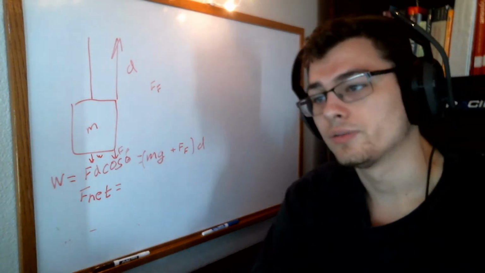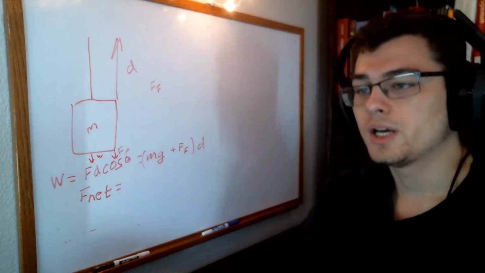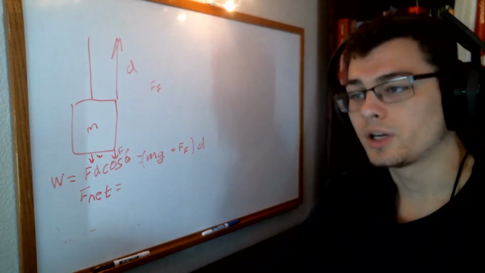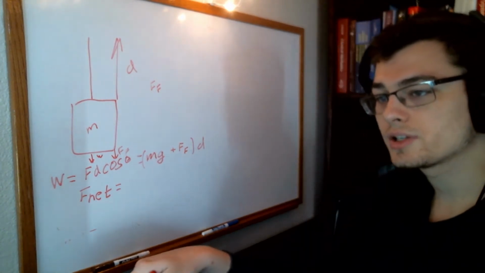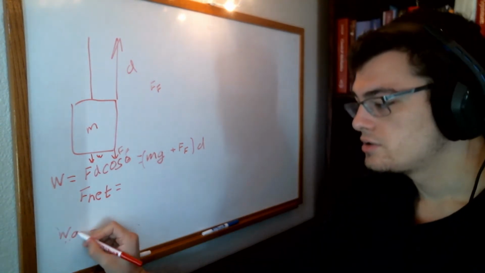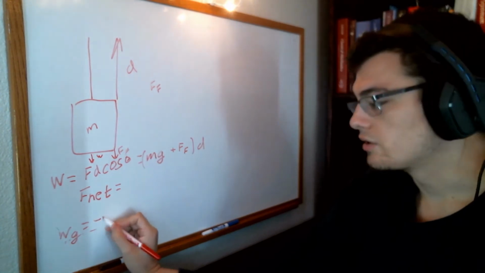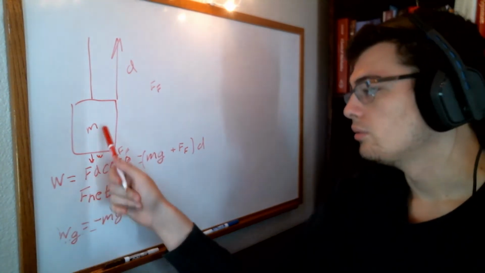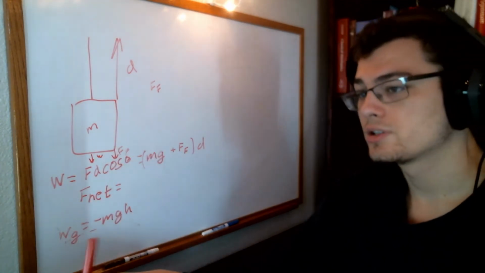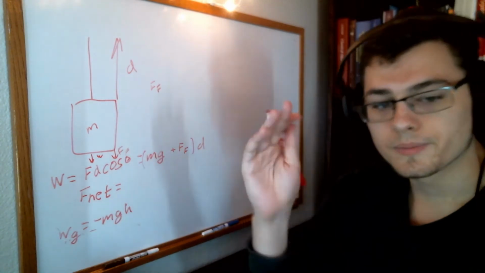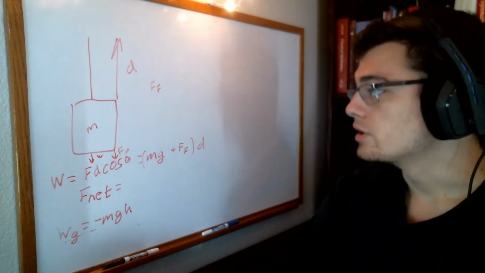And so now we're talking about just what is the work done by gravitational force in this process. And so then we just have that W is going to equal negative mgh. And so then we just plug in what m is, we know what g is, and then we know what h is. h is just going to be the distance.